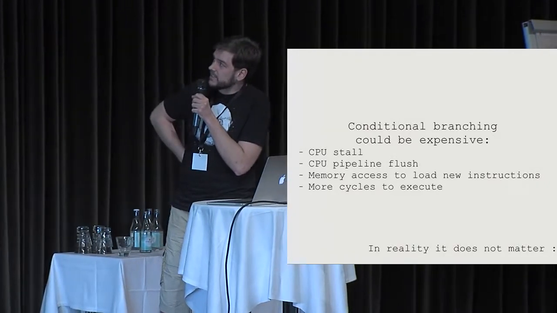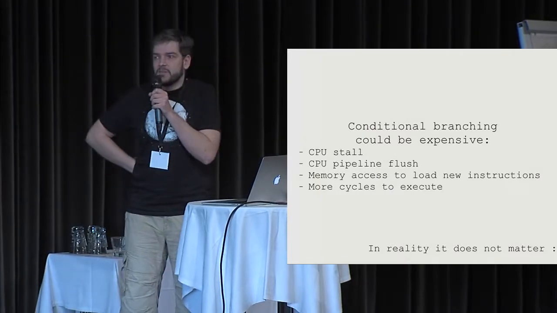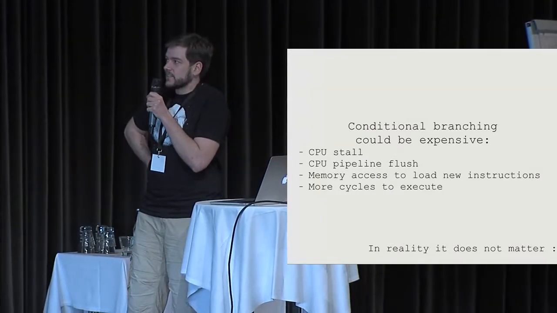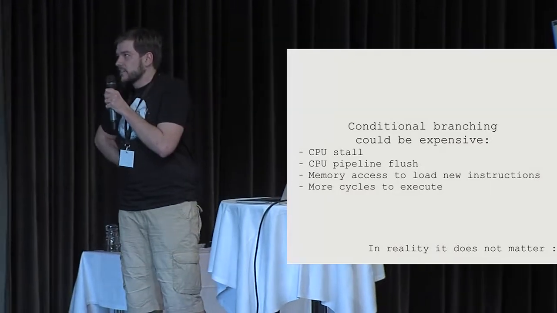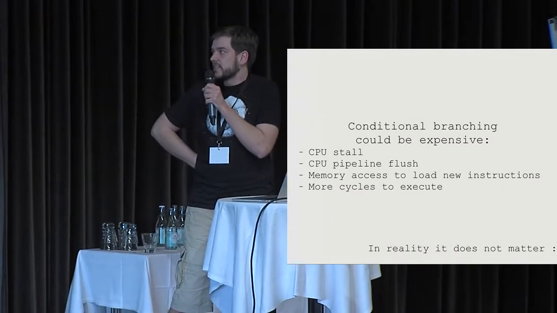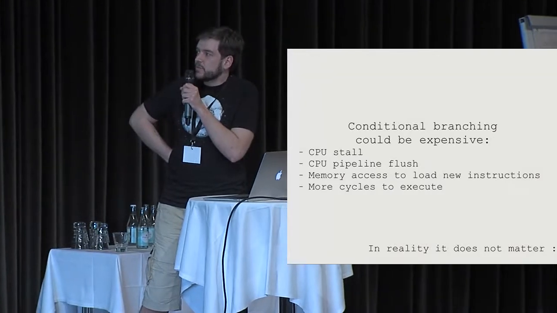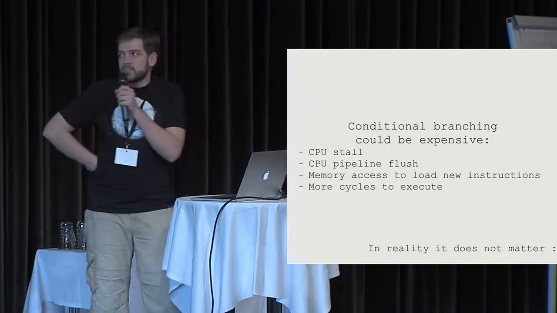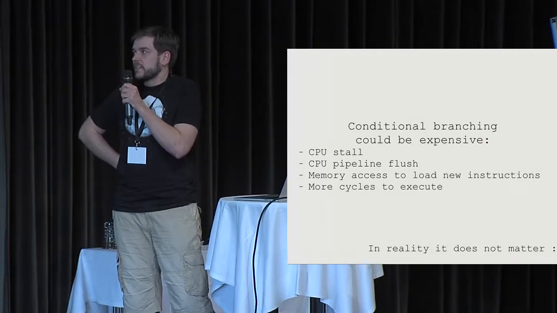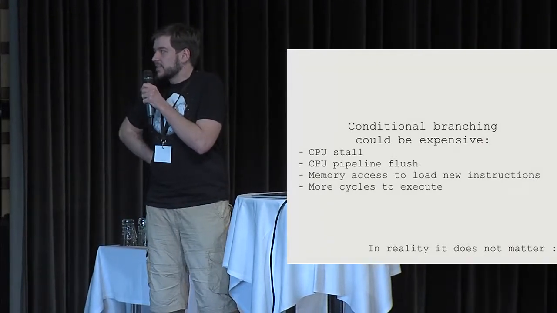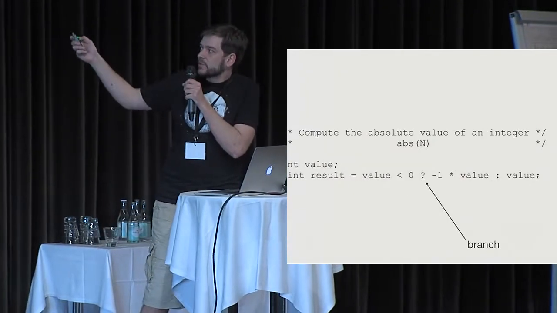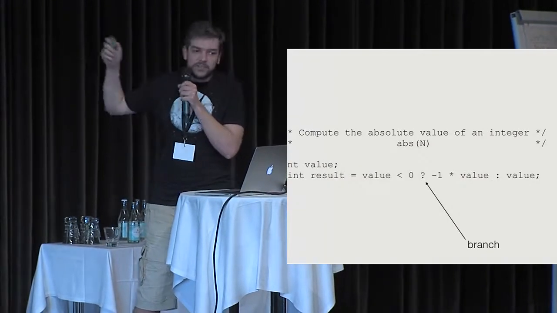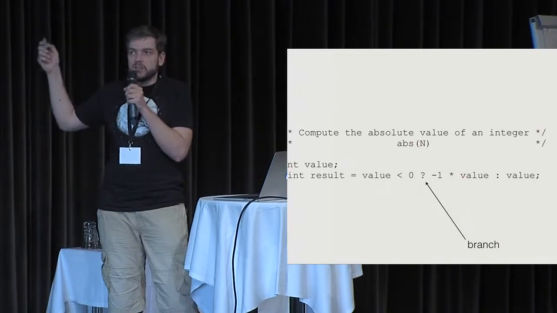So one thing that some people back then might tell you is that the CPU branches are bad because they might stall the CPU, because they might bring more memory access in your software, which in reality is not completely right. But let's say that you want to write the absolute value function that gets the absolute value of a number.